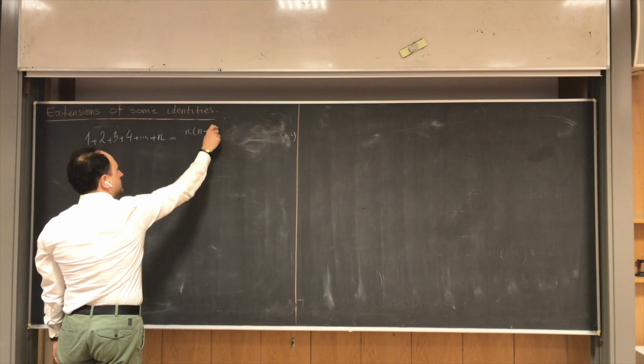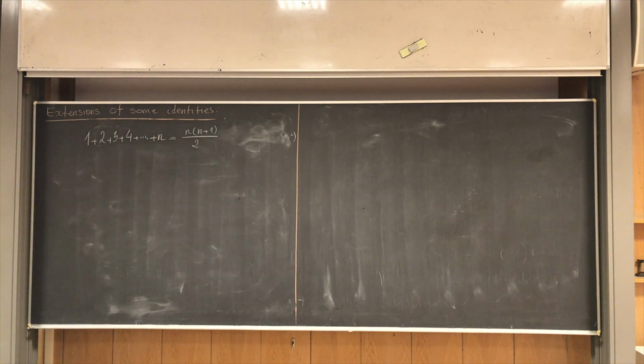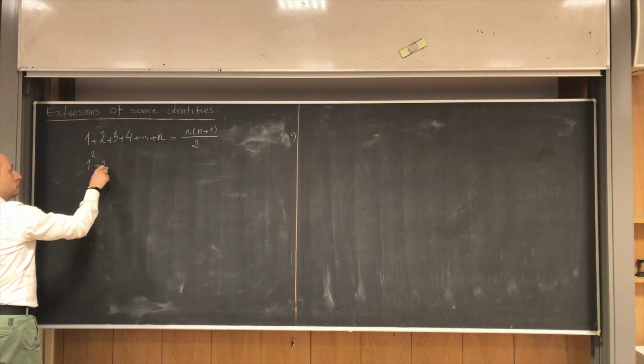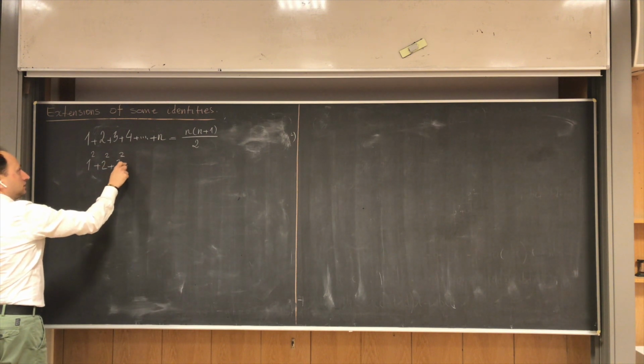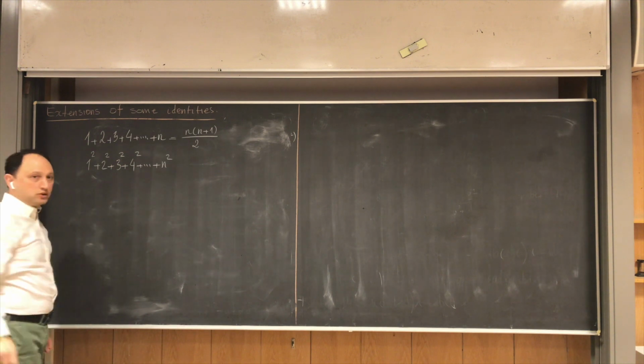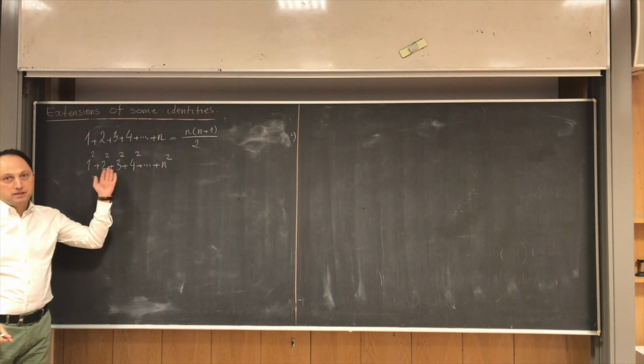The formula is this, okay? And then there are other formulas. So you can calculate the sum of the squares. This is also a question. The question is, is there any closed formula similar to this?